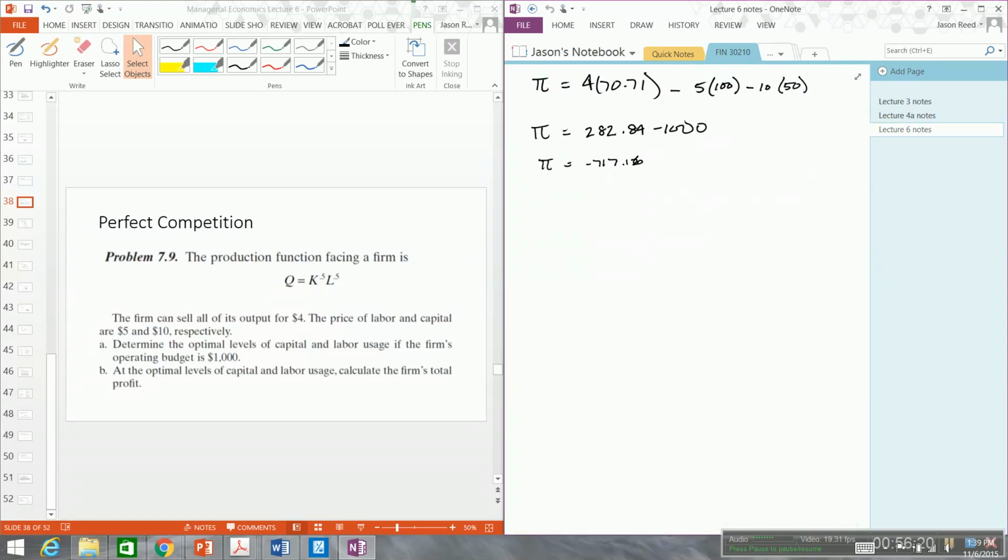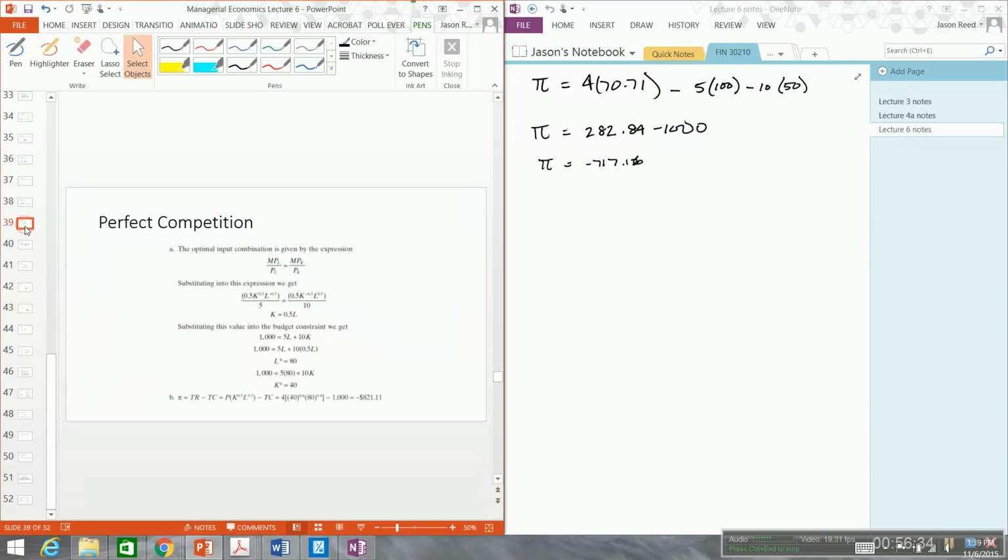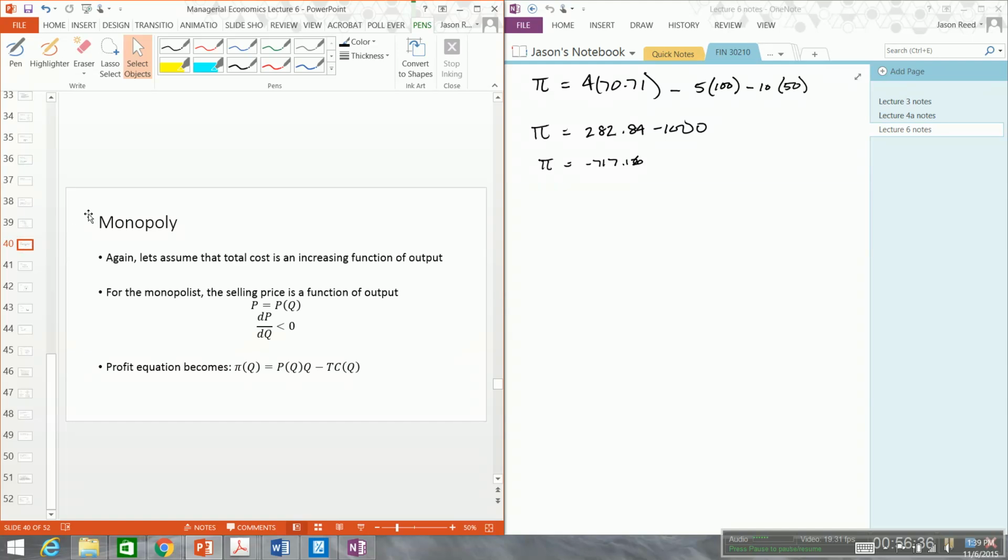And so we're going to loop back around at the end of this discussion and come back to 7.9 and solve this problem in a slightly different way. And we're going to talk about how we know that this is the optimal level. But intuitively, as we work through this, we know this has to be the optimal level, and it has to be profit maximizing or cost minimizing in some way.